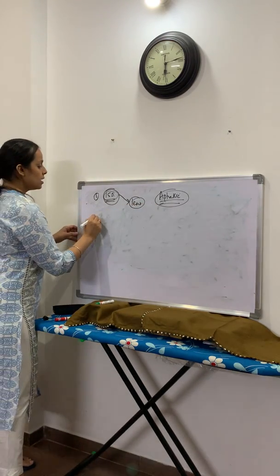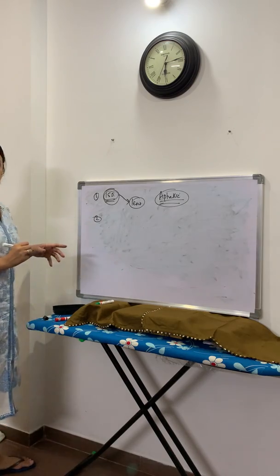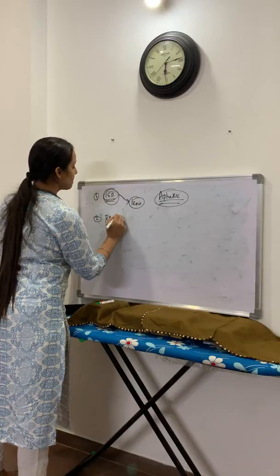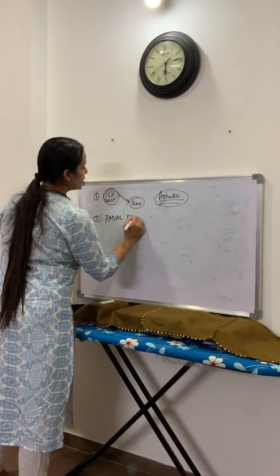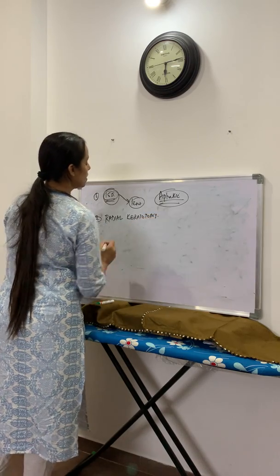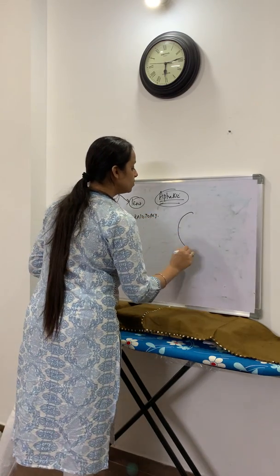Second surgical thing which you can do to a patient is a radial keratotomy. What you will do here is, suppose this is your cornea.